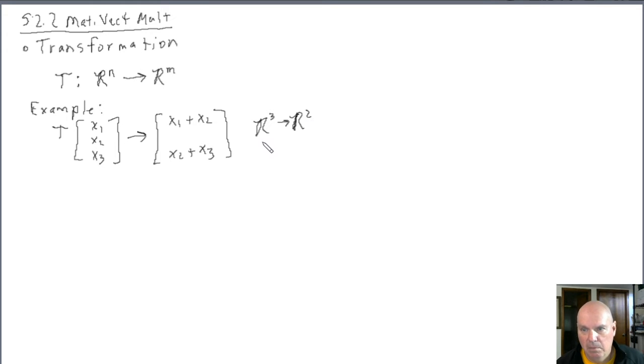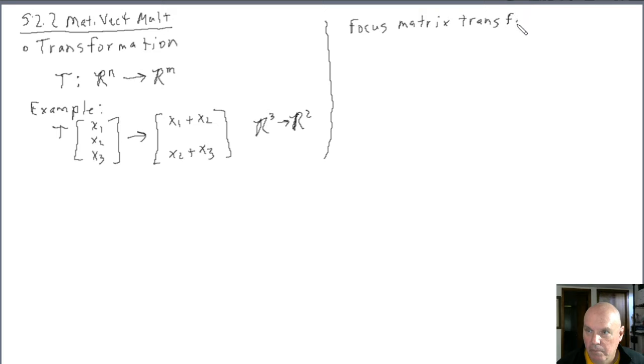Transformations don't have to be between spaces of different dimensions. They could be both in three-dimensional space or both in two-dimensional space. So we're actually going to focus on matrix transformations. Not all transformations can be represented as a matrix transformation, but of course we're covering matrices, so these are the ones we're going to focus on.